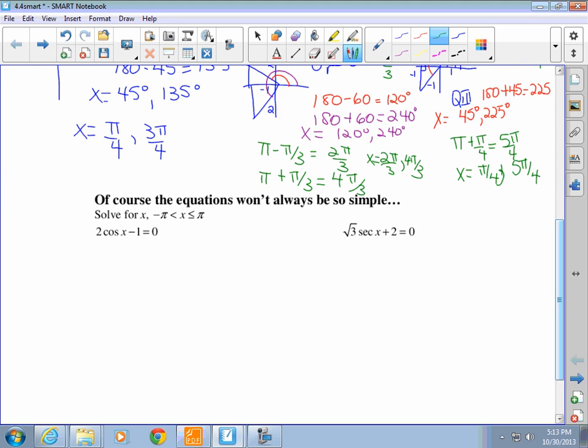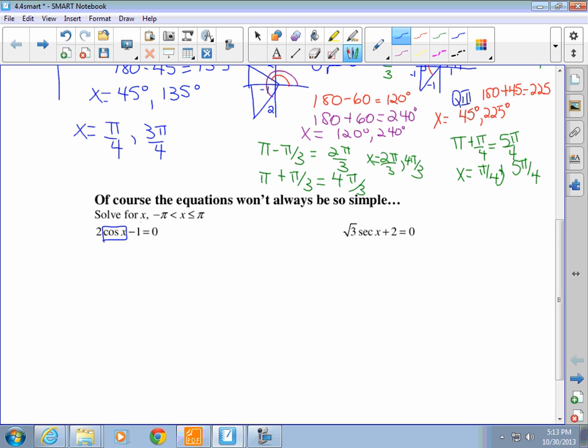Okay, but not all equations that you get are going to be in tangent equals, cos equals, sine equals. Sometimes you're going to have to do a little bit of order of operations to get them into that statement. So 2 cos x minus 1 is equal to 0. Well, I need to have your variable that you want all on its own.